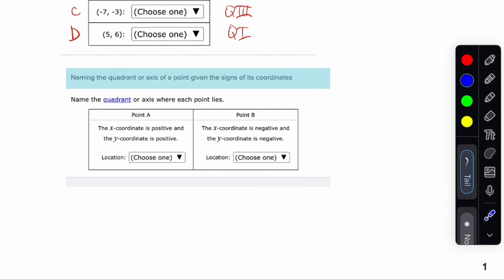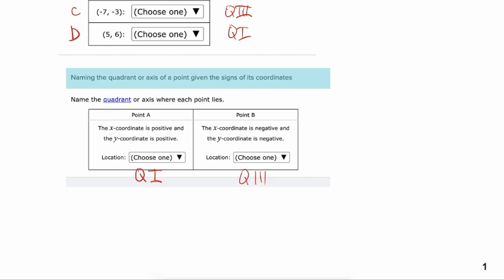It says if a point's x coordinate is positive and the y coordinate is positive, choose the location. That would be in quadrant 1. And B, the x coordinate is negative and the y coordinate is negative. When they're both negative, it's the third quadrant. Okay, sorry about that. Any questions about the quadrants or anything?